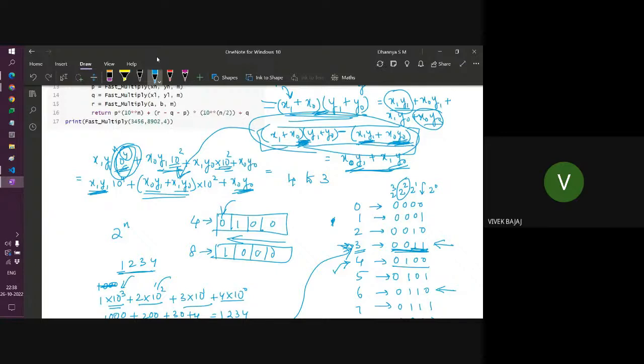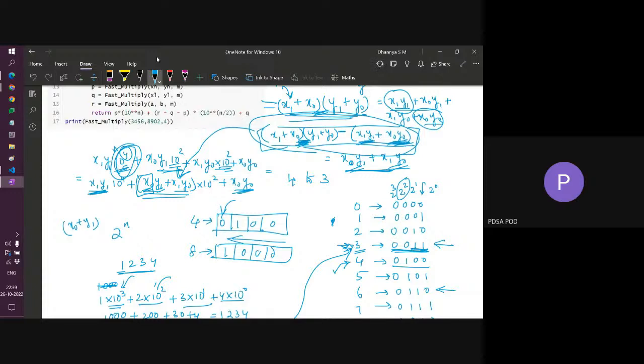Now what will happen in the second recursion? See, x0 in itself is 2-digit, no? Y1 is also 2-digit, right? So each of this will be computed using the, okay, so it will become x0 plus y1. Yeah, something like that. Correct.